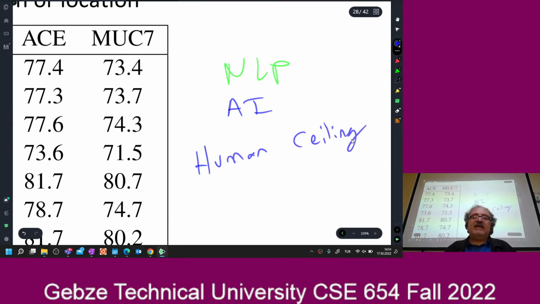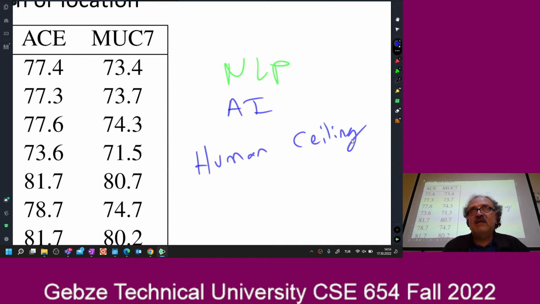Human ceiling effect, okay? If you say that I have solved this problem 100%, nobody will believe you, okay? If you say that I have the perfect machine translation system, nobody will believe you, because what is the perfect machine translation system? Or if you say that I have parsed this sentence perfectly, and I can do this for any English or Turkish sentence, nobody will believe you, okay?